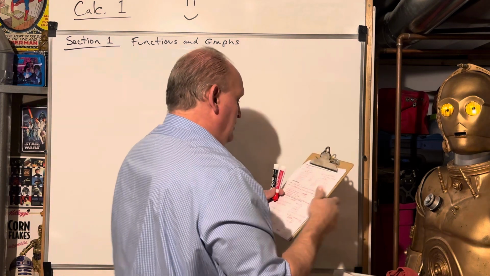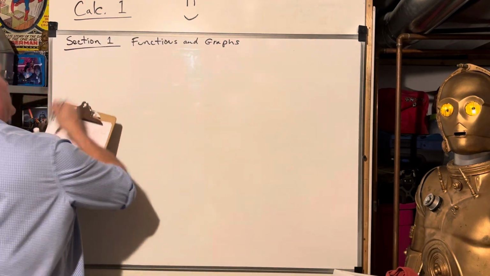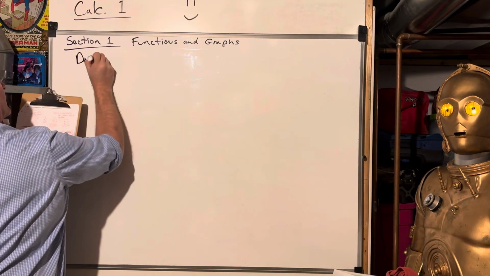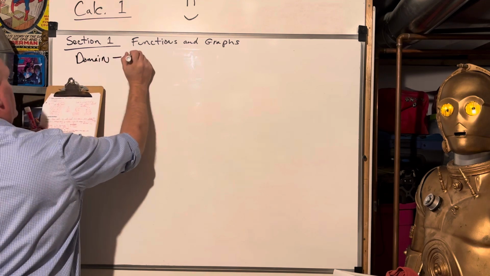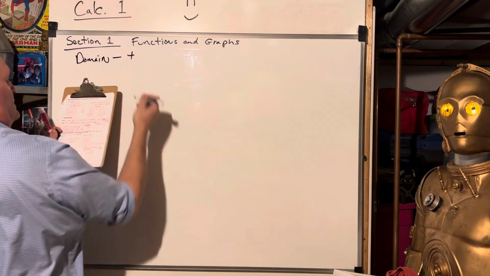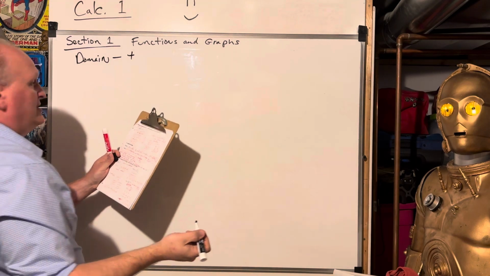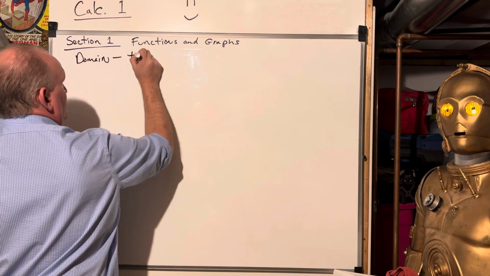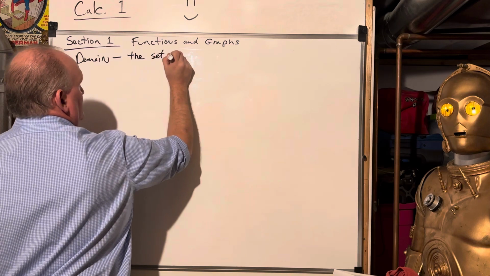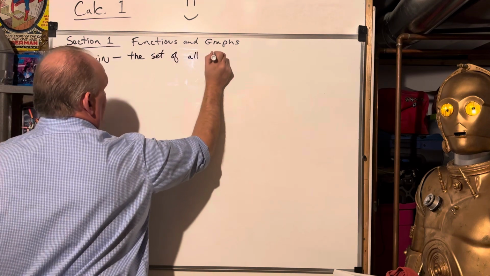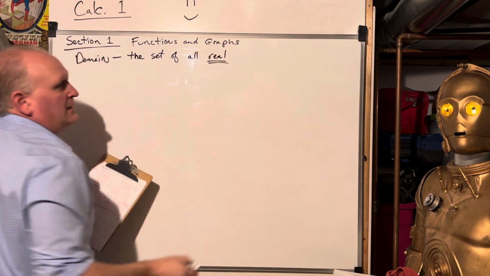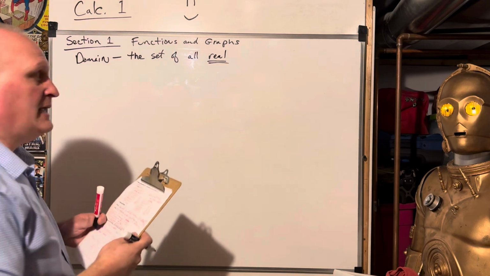And so when we're looking at domain and range, domain is the set of all real numbers for which the equation is defined. So we're looking at the set of all real numbers, excluding the imaginary or complex number system.